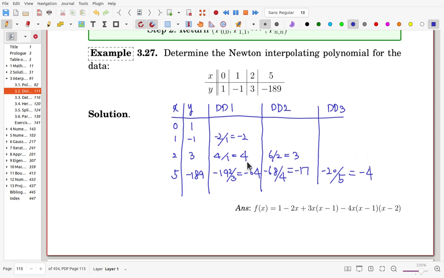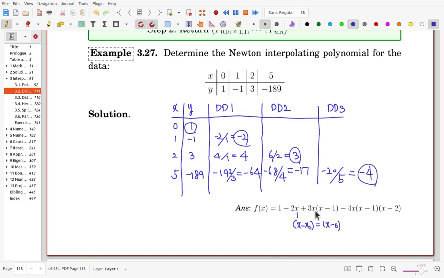Now we have finished constructing the table, and these are C0, C1, C2, C3, the coefficients of the Newton interpolating polynomial. So that is 1 minus 2 times x minus x0, where x0 is 0, so that becomes x.